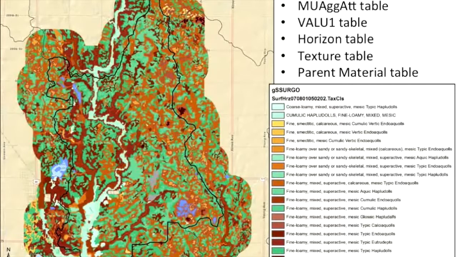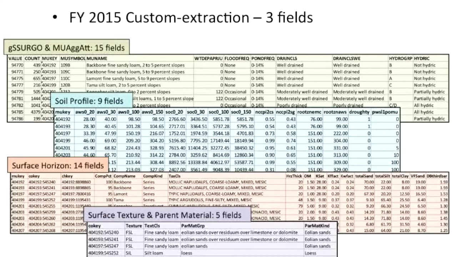But here are the tables that we access when we assemble the data for the soils database in the ACPF. We have to access the full database, assemble it locally, and then write queries that extract these data as we see fit. We then parse that out to each of the individual watersheds along with the gSSURGO.